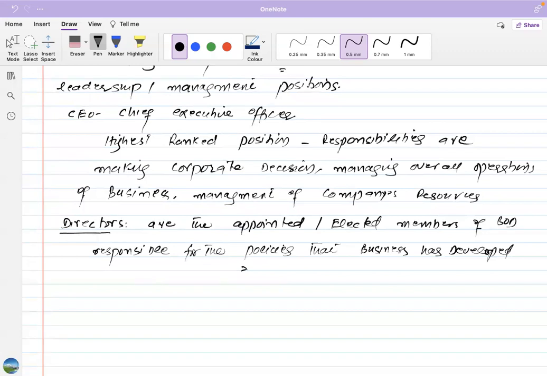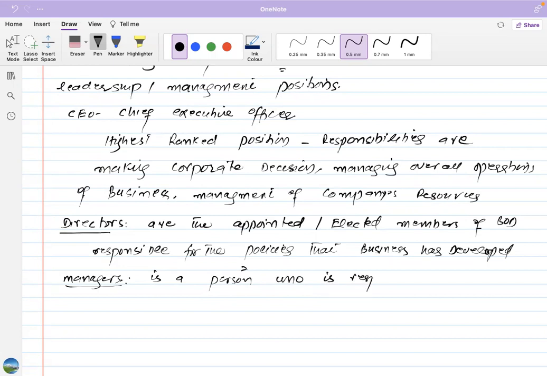Then we have managers. A manager is an individual who is responsible for the resources and decision making. We have studied the definition of the manager in detail, and we have studied the functions of management and the roles of management both.